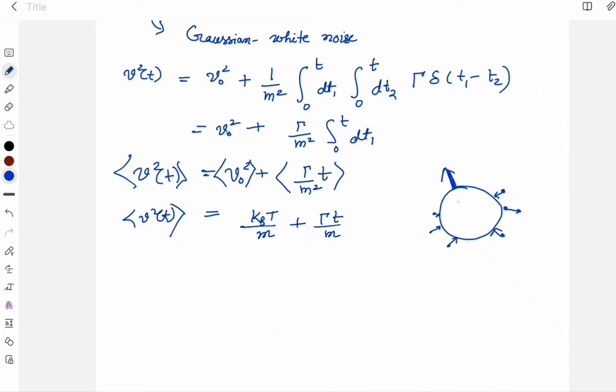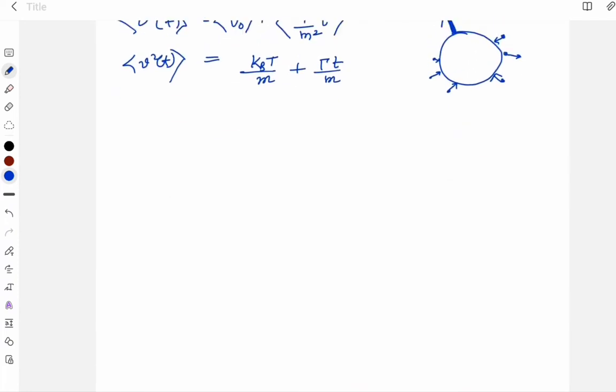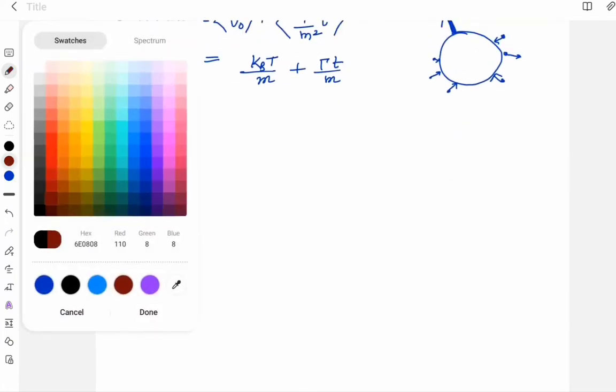Whenever you move in rain, you feel some force when you move forward. There are more particles which hit you from the front side, so there is a drag. Say a heavy wind is blowing and you move in the wind, you feel some kind of drag. That drag is missing in our equation. So the equation of motion which we wrote has to have a drag.